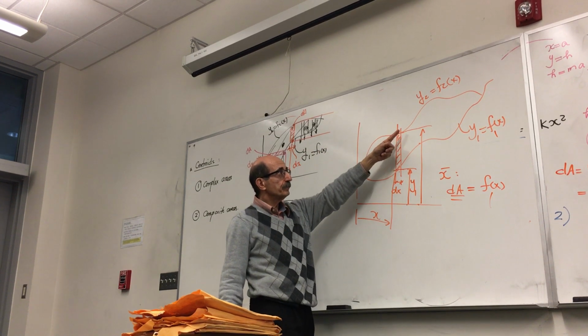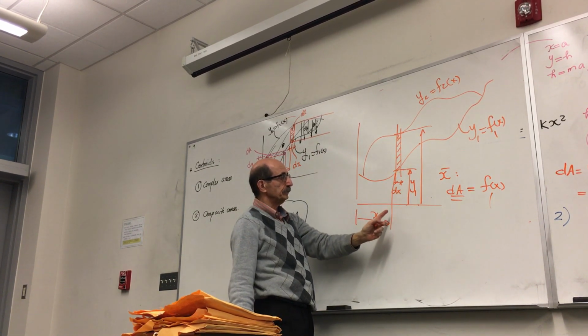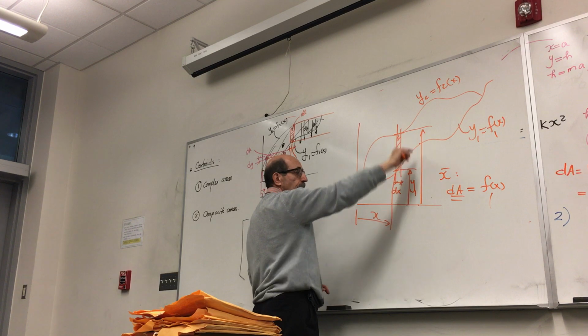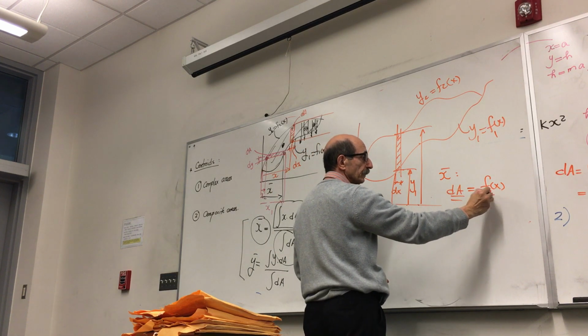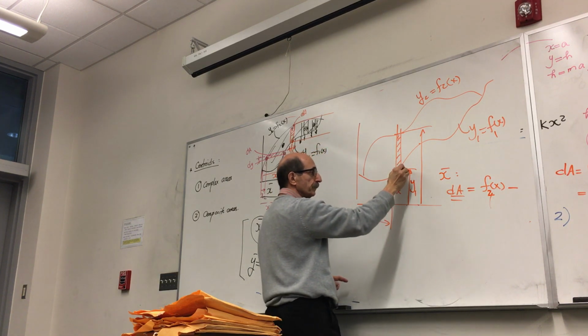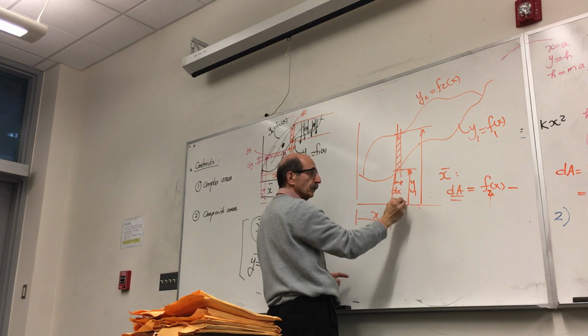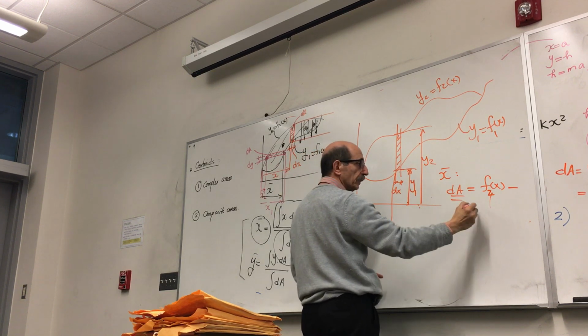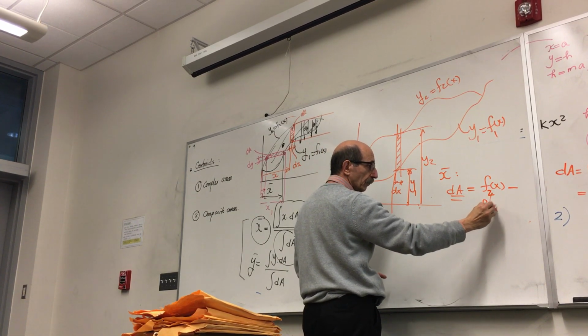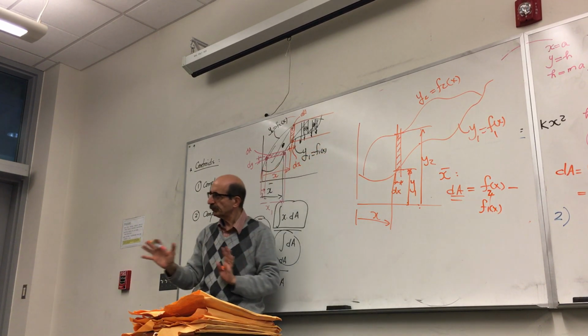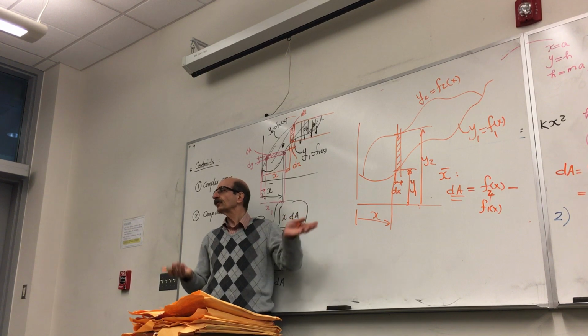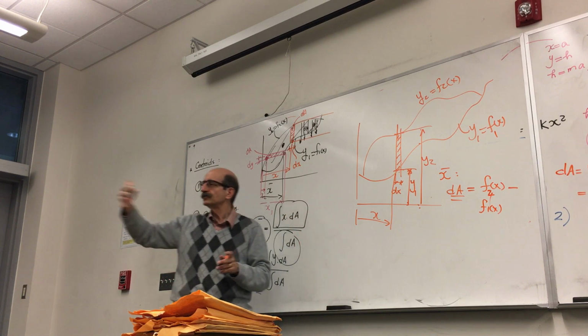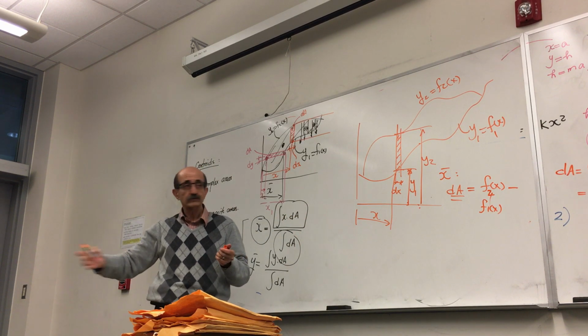And this is y2, so f2 of x, minus y1, so minus f1 of x. For dx it was probably easy, because these functions are given as y equal to something which is a function of x.